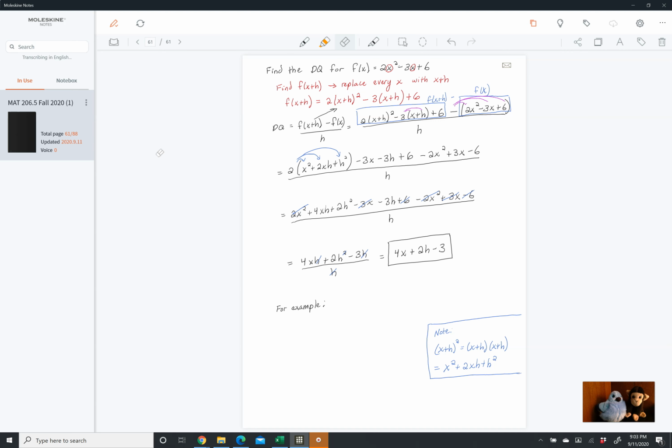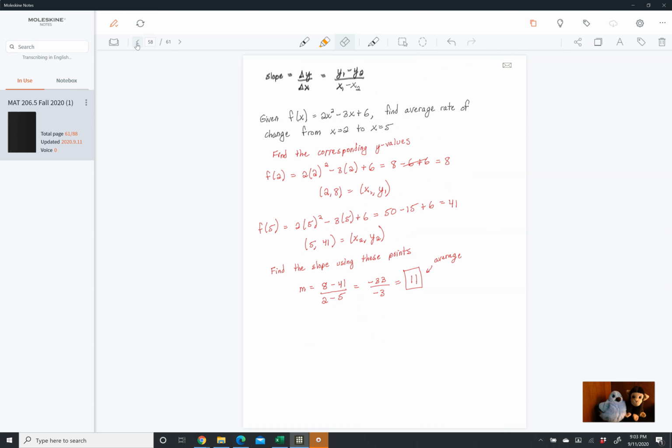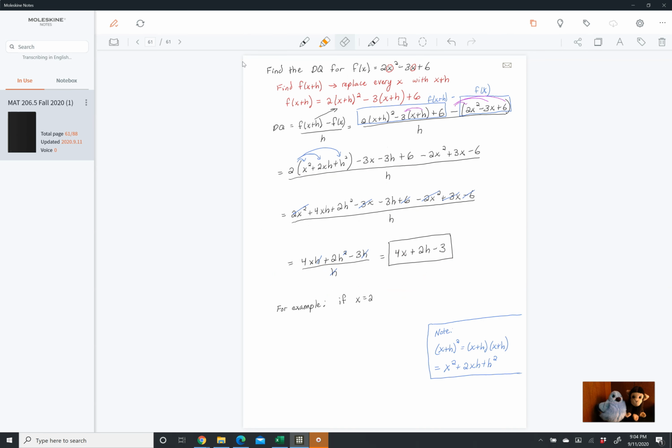The average rate of change that we used for this function was from x equals 2 to x equals 5. So in that case, x is equal to 2 because we take the first x value, and h is equal to 3 because that's the distance to the next one. So if x equals 2 and h equals 3, now we can find the average rate of change.